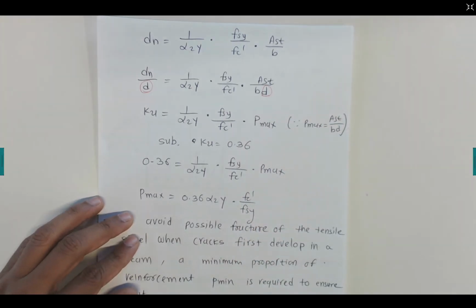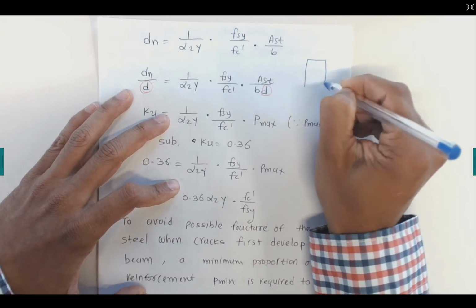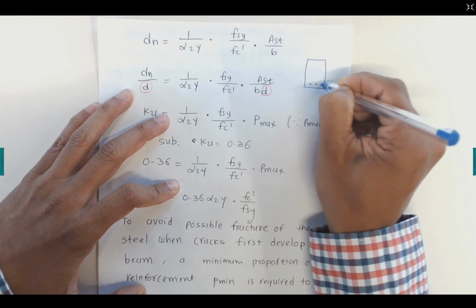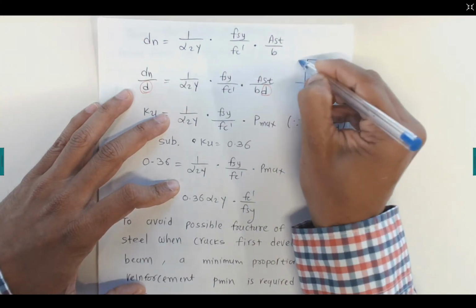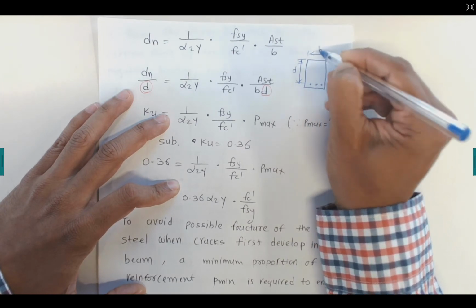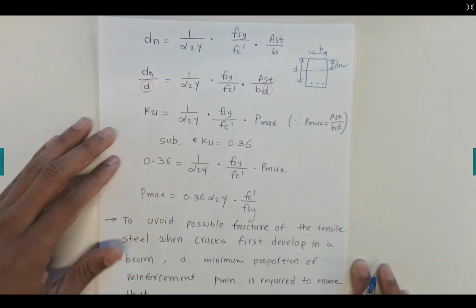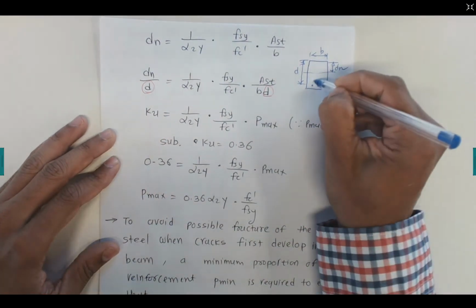Please note that this b over d notation is as follows: this is d, this one is b, and the neutral axis depth is dn.